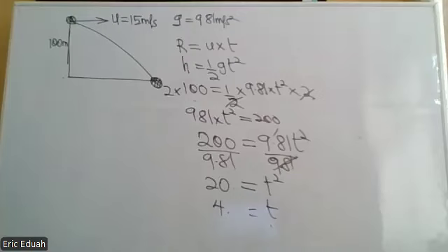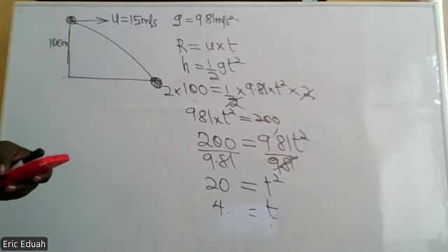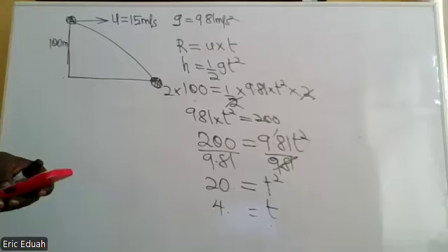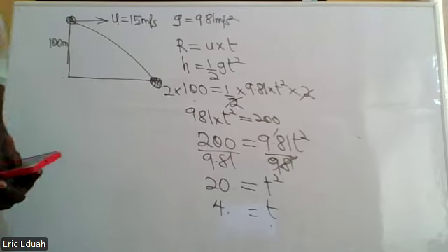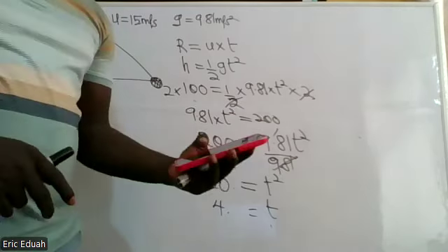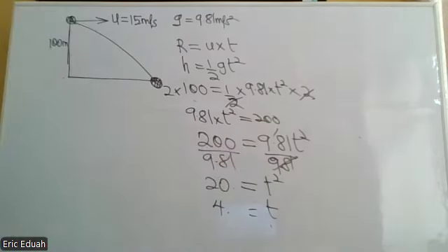Then the second question: what are the horizontal and vertical components of the ball's velocity as it strikes the ground?